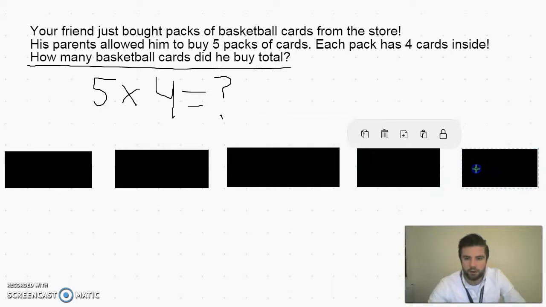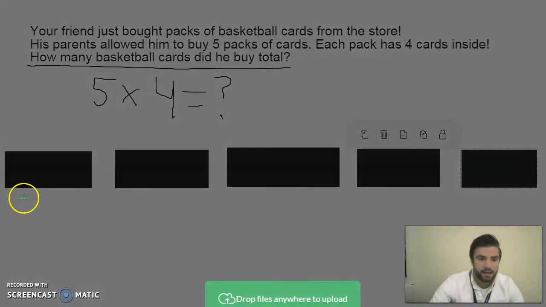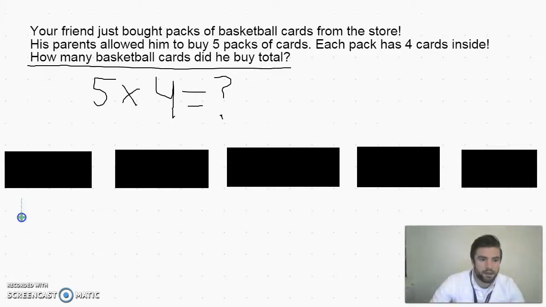So these are kind of like our groups. What we do now is we take these packs of cards and we put 4 cards inside of them. So we know inside each one of these packs is 4 cards. So here's what I'll do to represent the cards. I'll just make smaller rectangles. 1, 2, 3, 4.